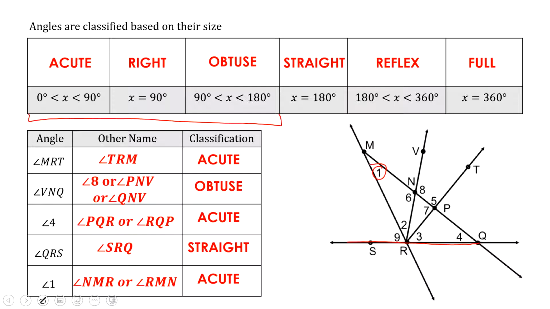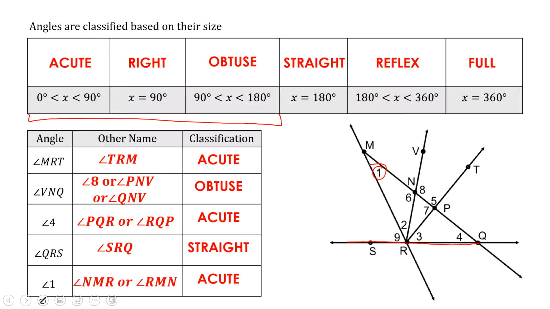In that type of diagram, I want you to assume what you see is correct. This is the best way to say it: if we're asking for information based on a diagram, then assume the diagram you see is what you see. So if it looks like an acute angle, it's an acute angle. If it looks like a straight angle, it's a straight angle. If it looks like an obtuse angle, it's an obtuse angle.